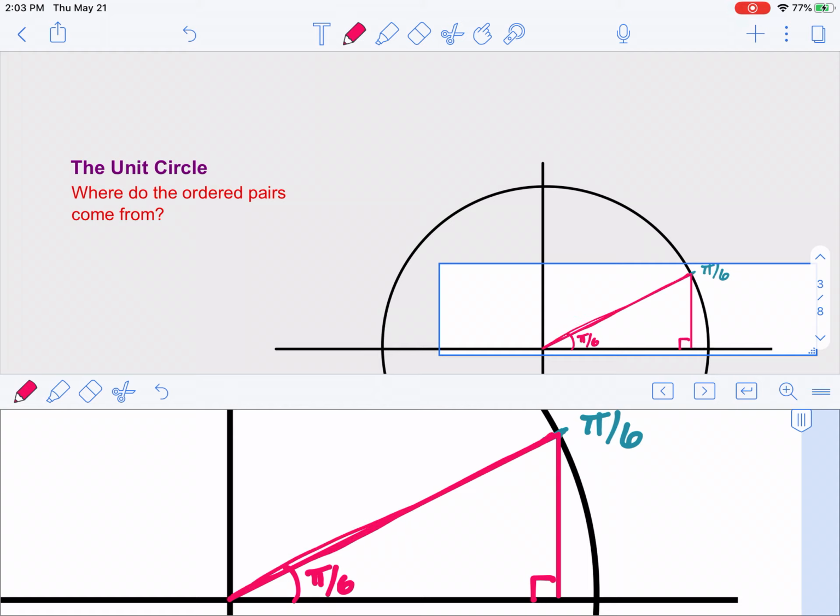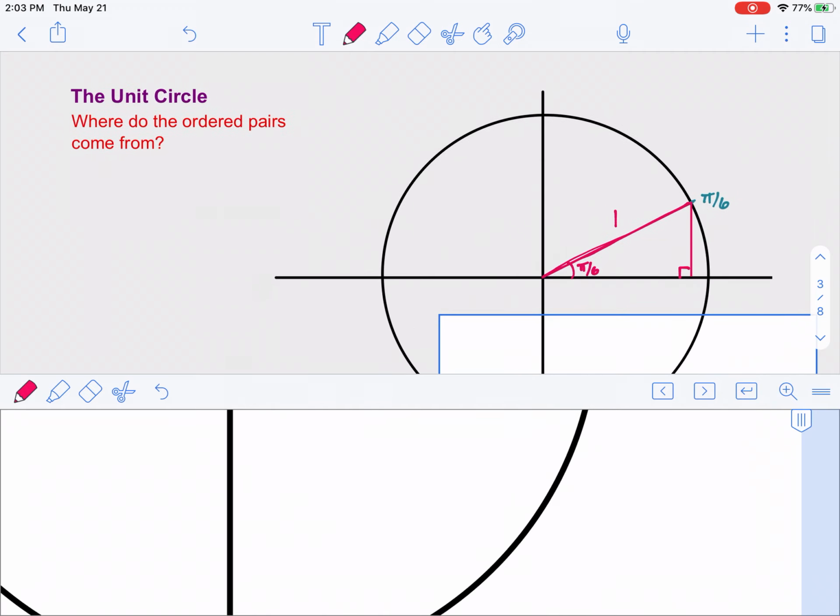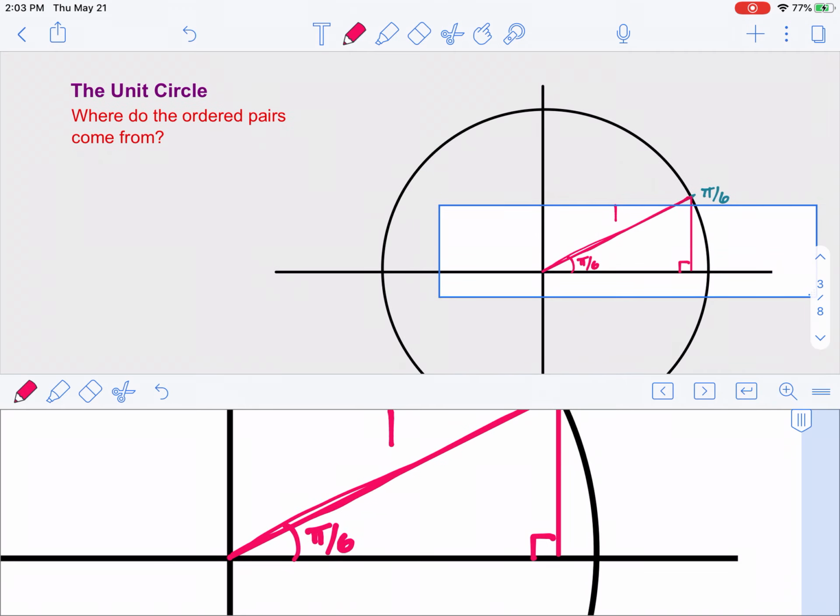Well, this is called the unit circle because one unit is 1, right? And so the radius of this circle is always 1. Well, as soon as I know that, then I know the other pieces. The opposite side of the 30 degrees must be this y distance because it's going up and down, and that has to be half of the hypotenuse. Well, what's half of 1? 1/2.